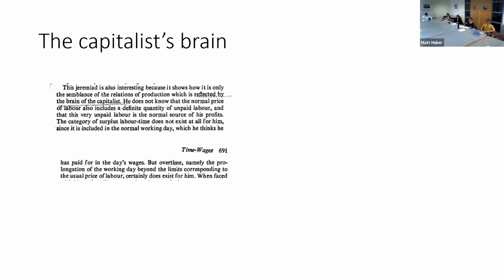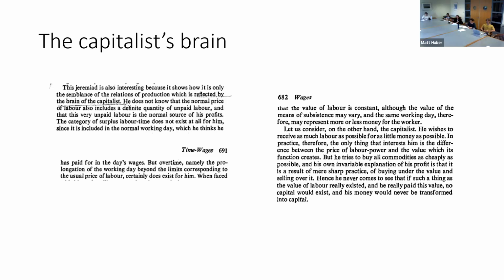And then earlier in that chapter, he has this great line where he says, let us consider, on the other hand, the capitalists. They wish to receive as much labor as possible for as little money as possible. In practice, therefore, the only thing that interests them is the difference between the price of labor power and the value which its function creates. But they try to buy all commodities as cheaply as possible, and their own invariable explanation of their profit is that it is the result of mere sharp practice, of buying under the value and selling over it.